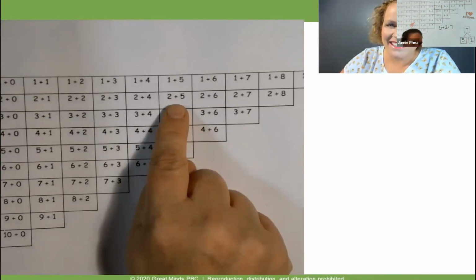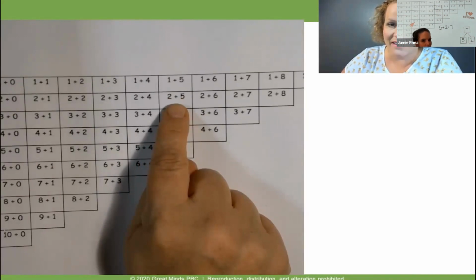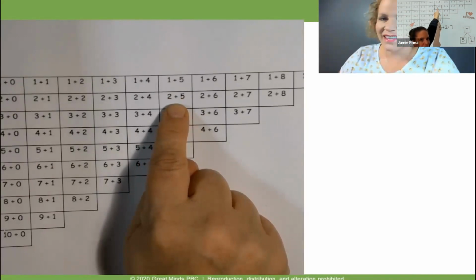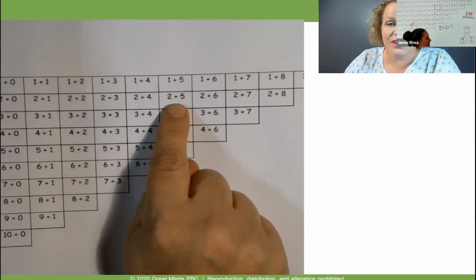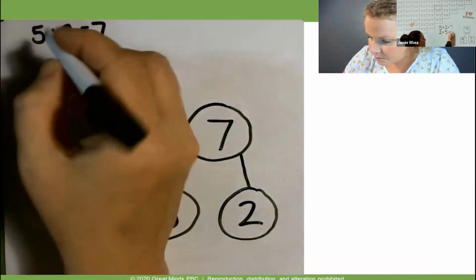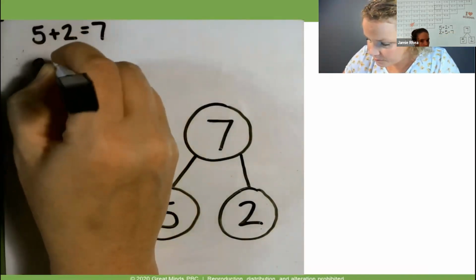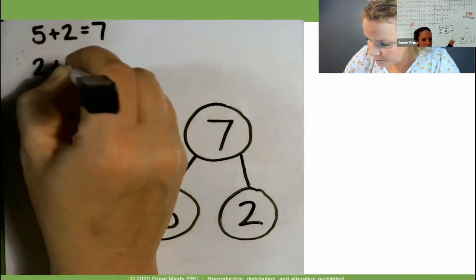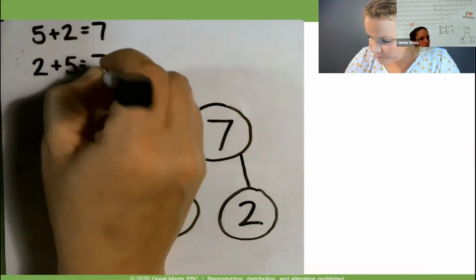There it is. If you didn't find it, put your finger here now at 2 plus 5. Let's make the expression a number sentence by including equals 7. Now don't erase yours yet. Just add these. Remember, you're writing small so we can get it all on there.